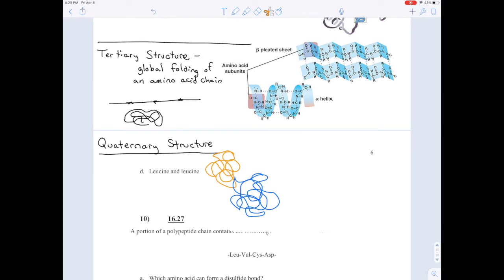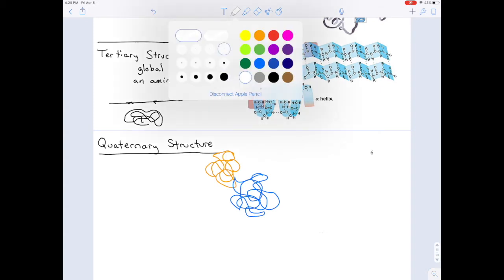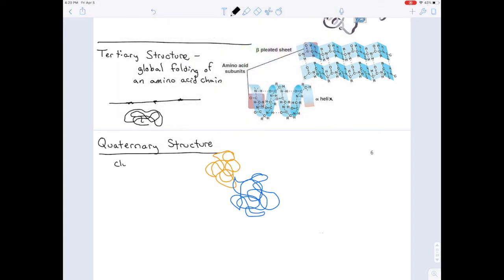They don't bond to each other. They don't form any sort of covalent bond. They just clump together. That clumping is the quaternary structure. So the quaternary structure is the clumping of two or more separate amino acid chains.